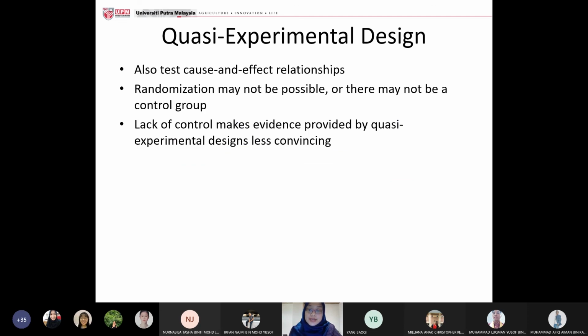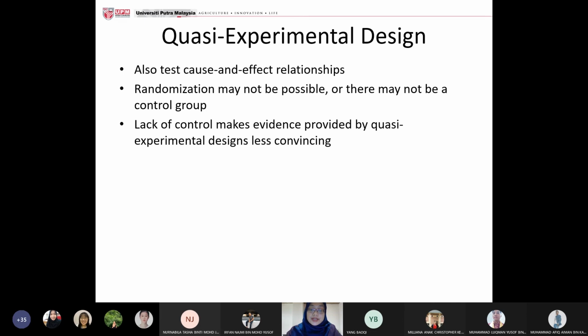Then we go to quasi-experimental design. Quasi also tests cause and effect, no problem, but they don't do randomization, or they don't have a control group. Remember the three characteristics. If they don't have one of those, they fall under quasi-experimental.